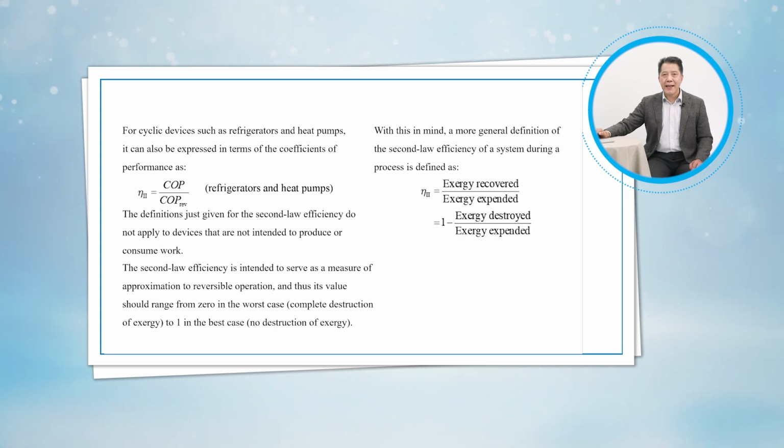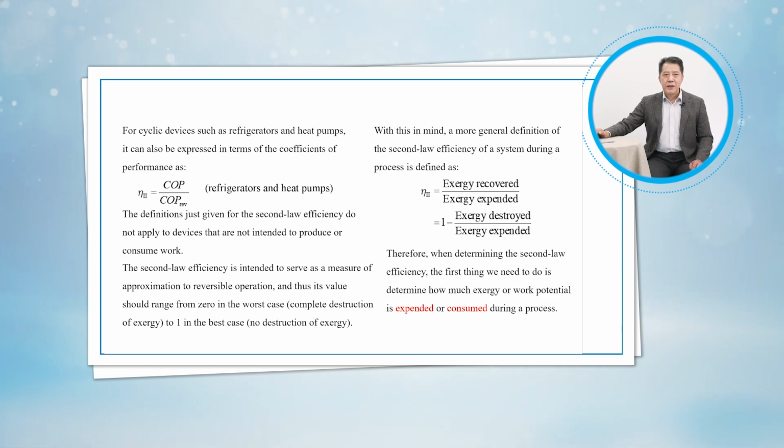With this in mind, a more general definition of the second law efficiency of a system during a process is defined as. Therefore, when determining the second law efficiency, the first thing we need to do is determine how much exergy or work potential is expended or consumed during a process.